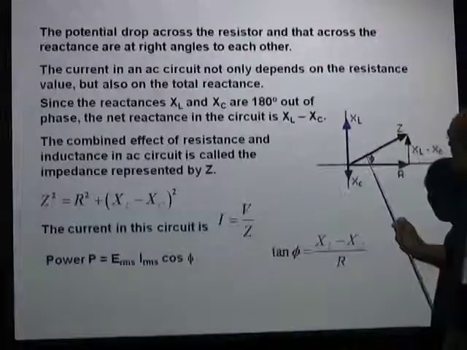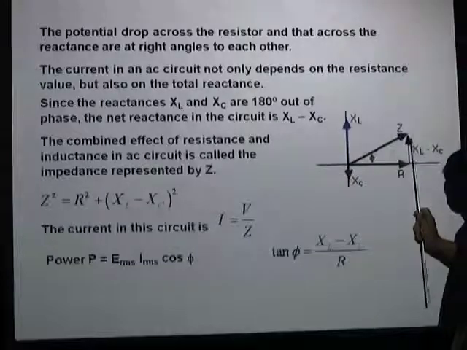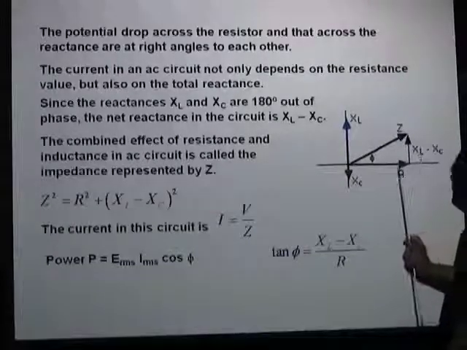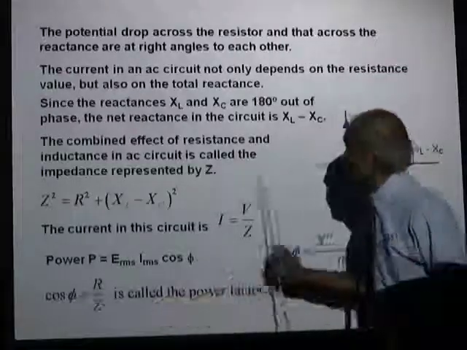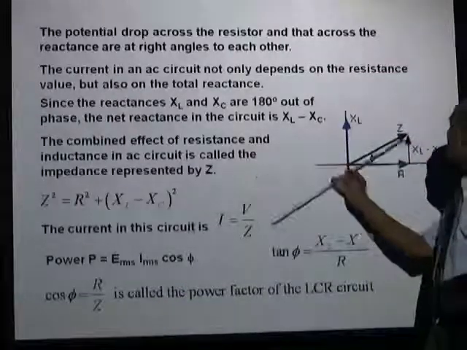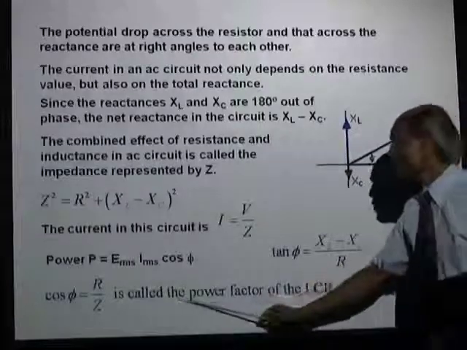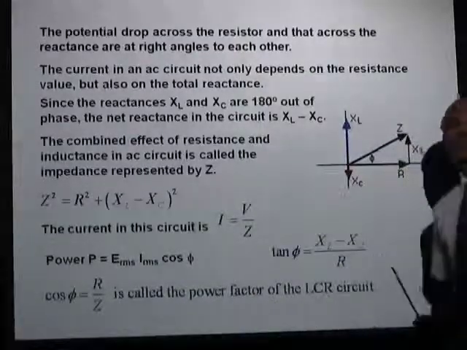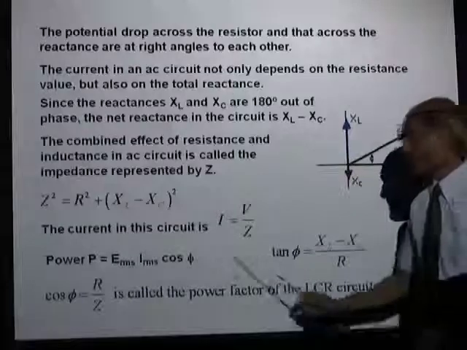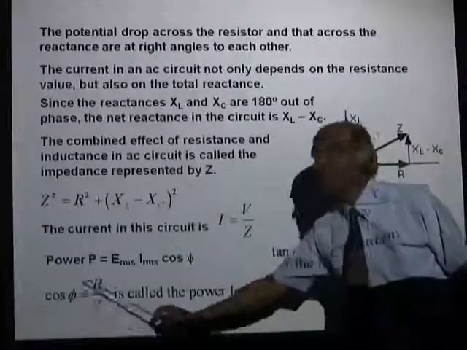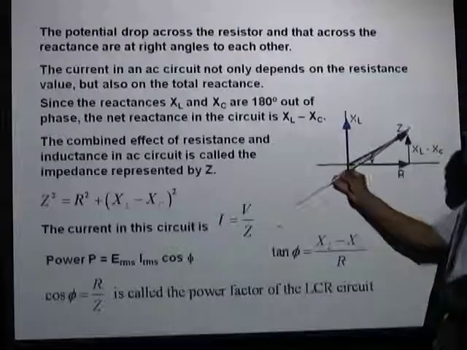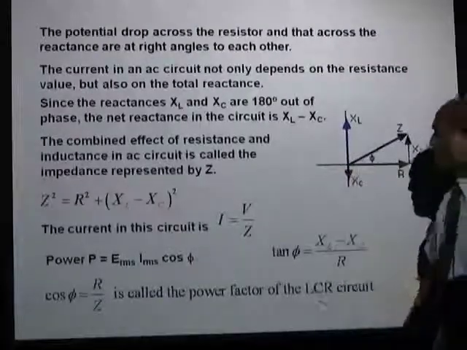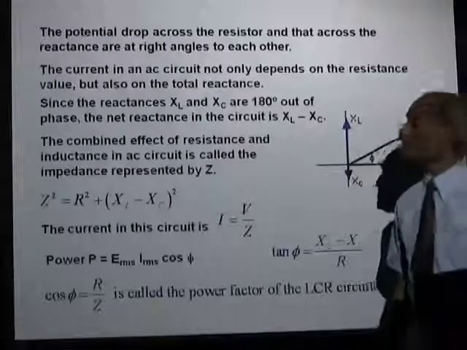And the tangent of that angle is XL minus XC divided by R. And cos phi equal to R divided by Z is called the power factor of the LCR circuit. Now that's one term that you need to remember. Cos phi, which is R divided by Z, is called the power factor of the LCR circuit.